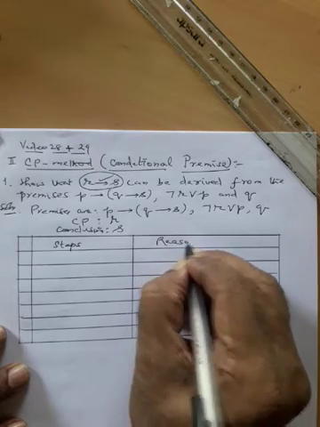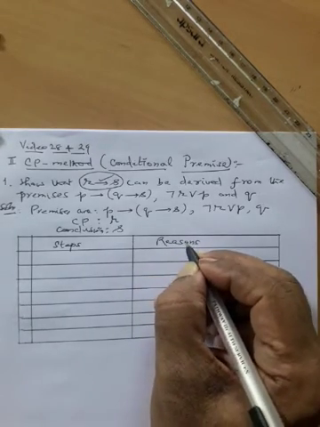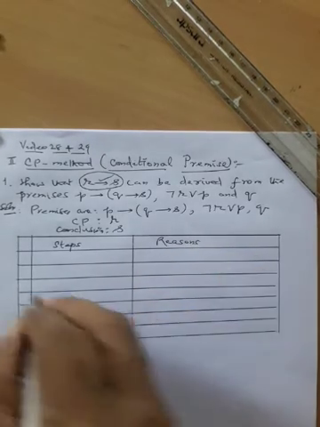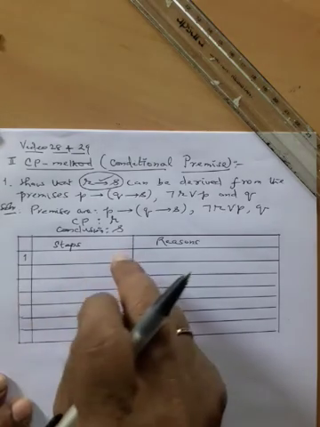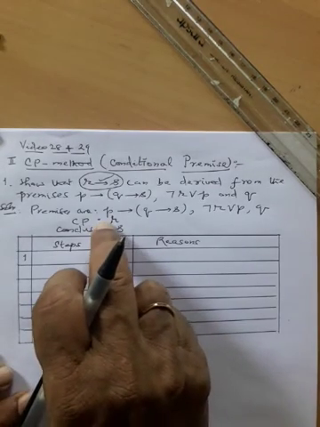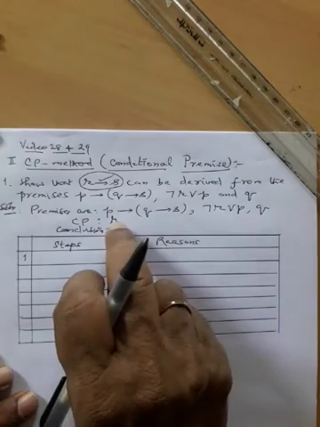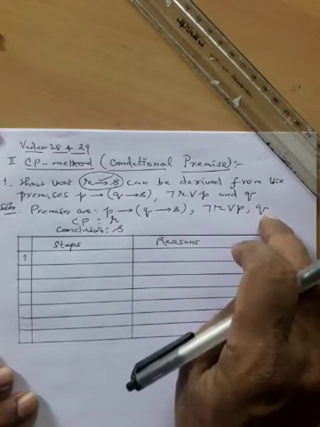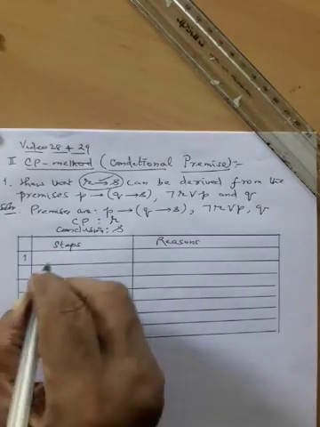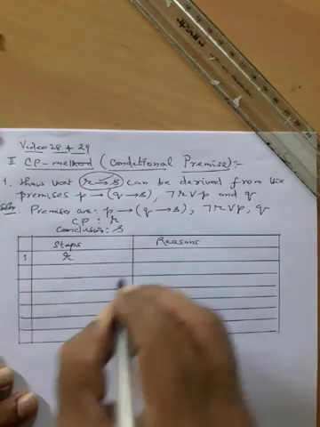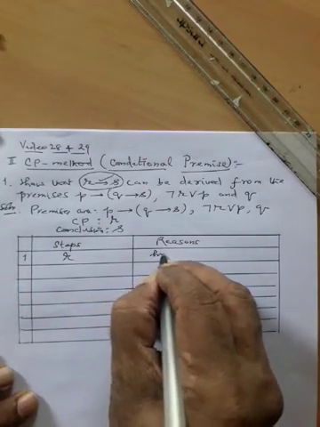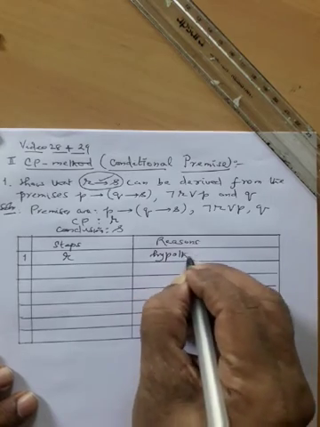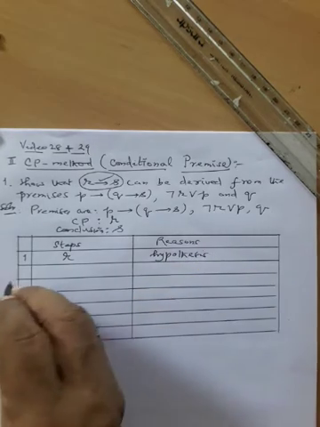So steps, reasons. First step. Conditional premise is also one of the premises. So a single letter is coming here, R, and also Q. You can use R first. This is hypothesis or premise, hypothesis.